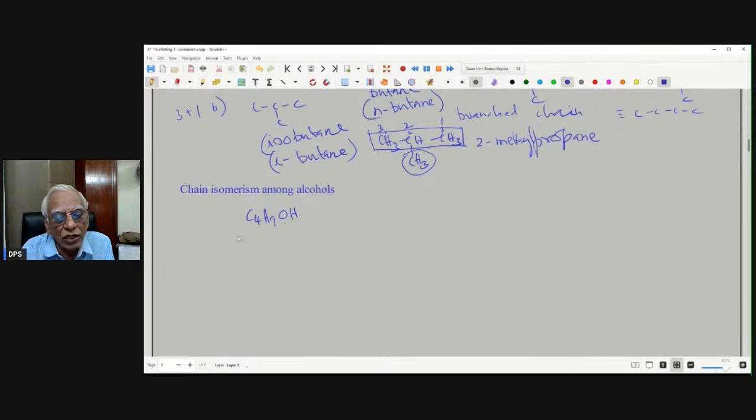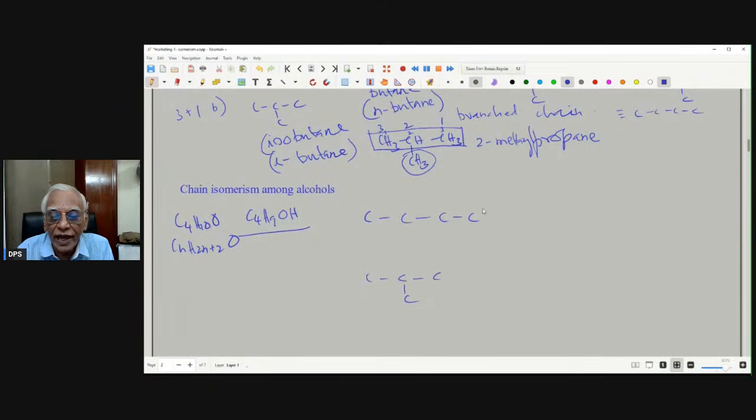It's an alcohol. The molecular formula is C4H10O, the general molecular formula of an alkane, CnH2n+2, plus 1 oxygen atom. Now, this can be written as I told you. There are 2 carbon chains: one is a straight chain, the other is a branch chain.